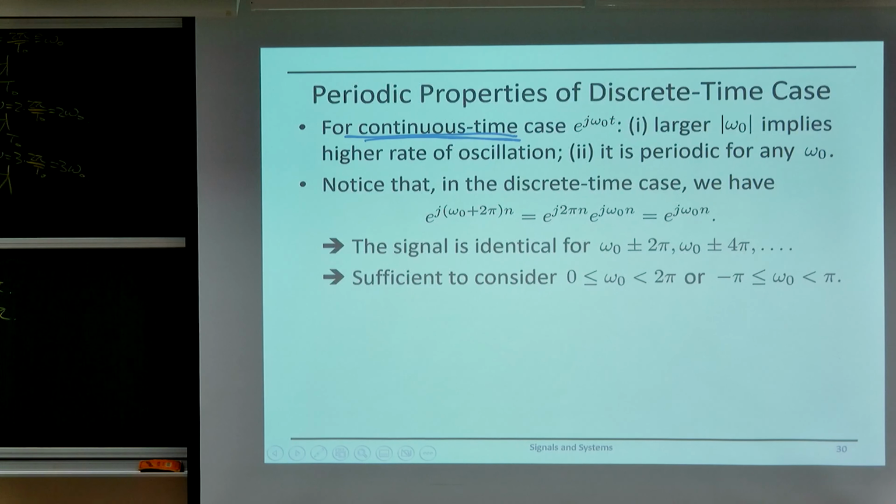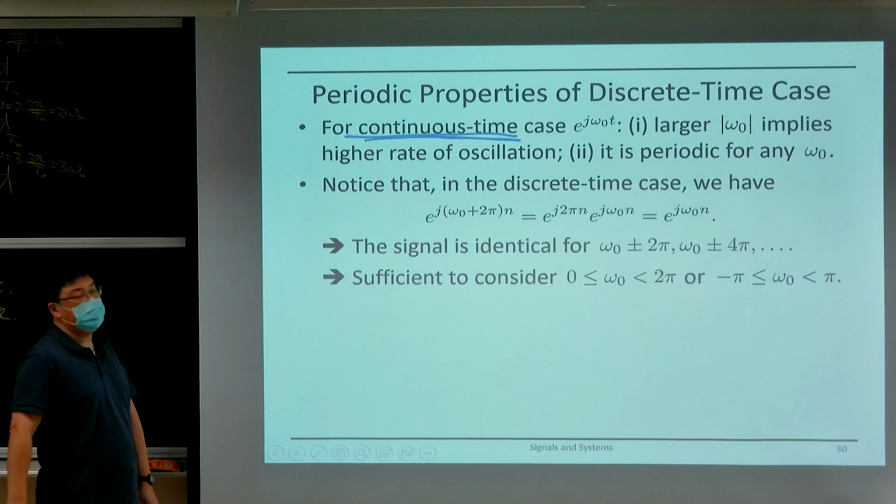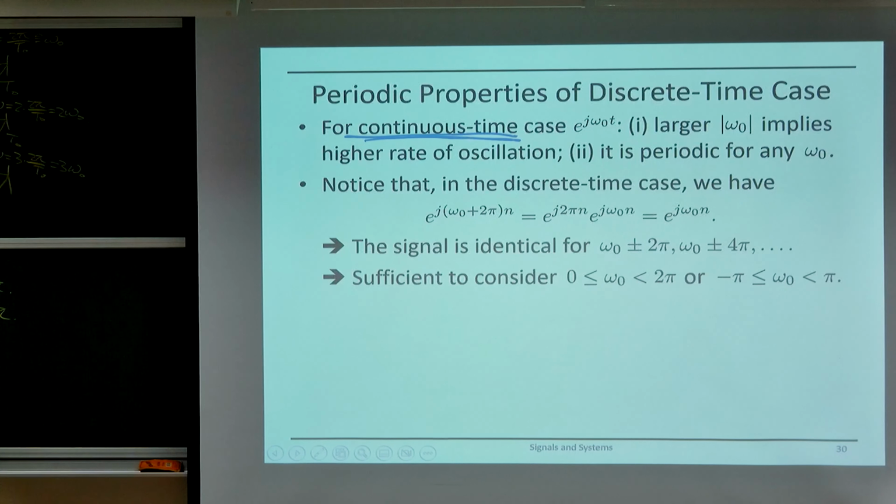Now, in the discrete time case, it just so happens that neither of these properties holds in general. Starting with the first property: in continuous time, if the frequency is larger, the oscillation should be faster.